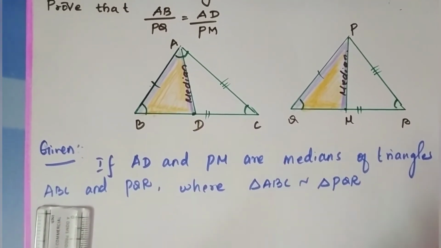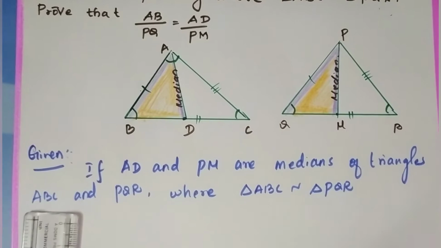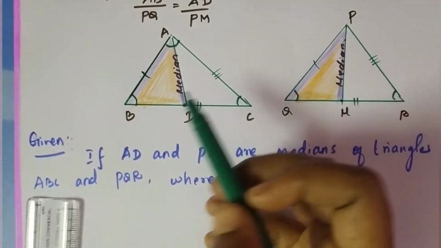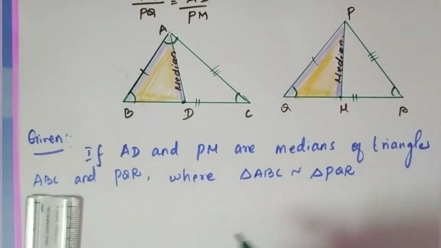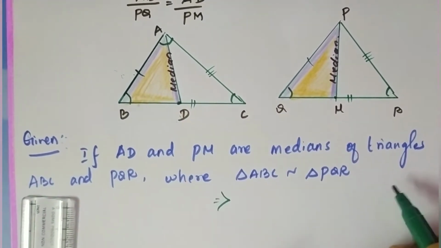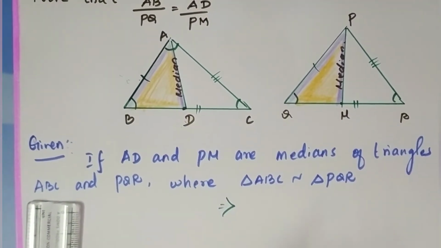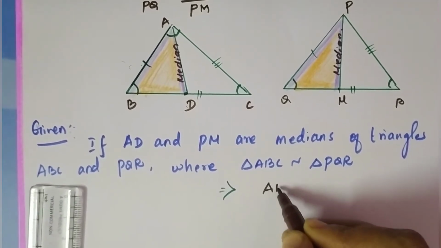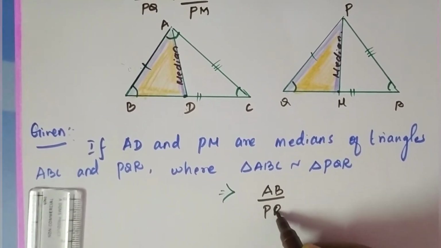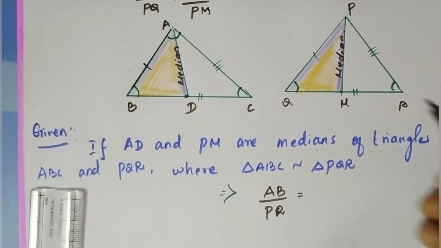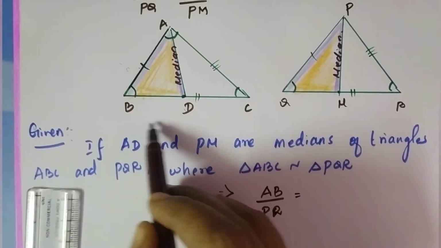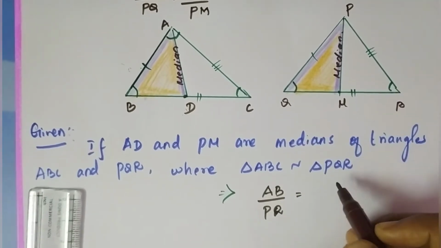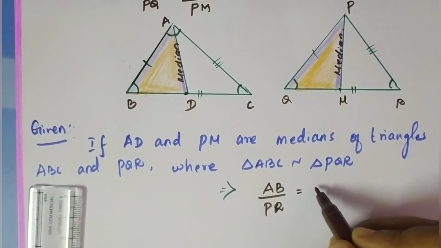therefore we can tell that the sides are in proportion. I'm going to take these two sides alone. Since the triangles are similar, we can tell that AB divided by PQ is equal to BC divided by QR.